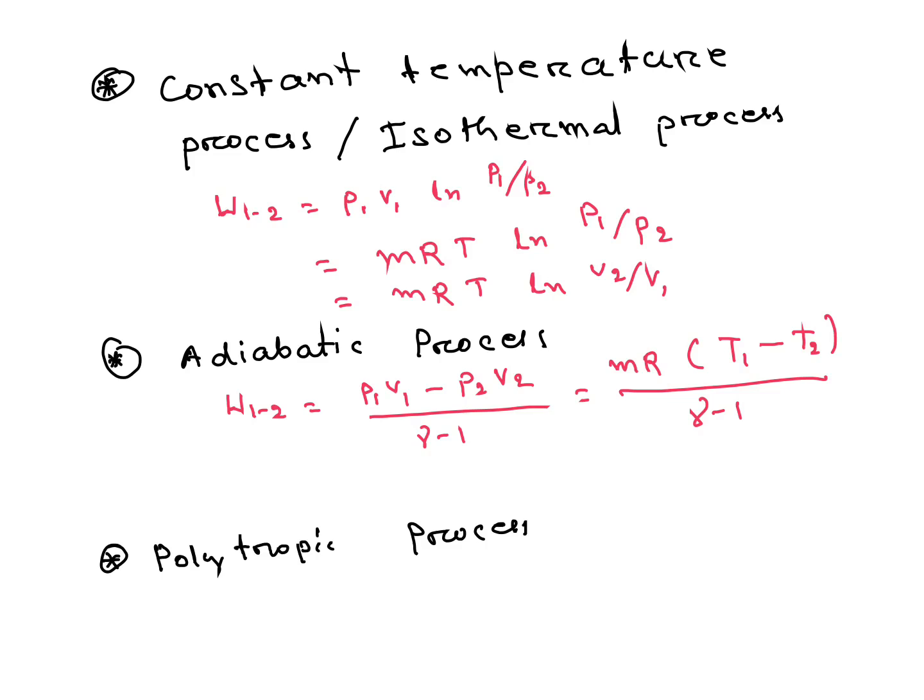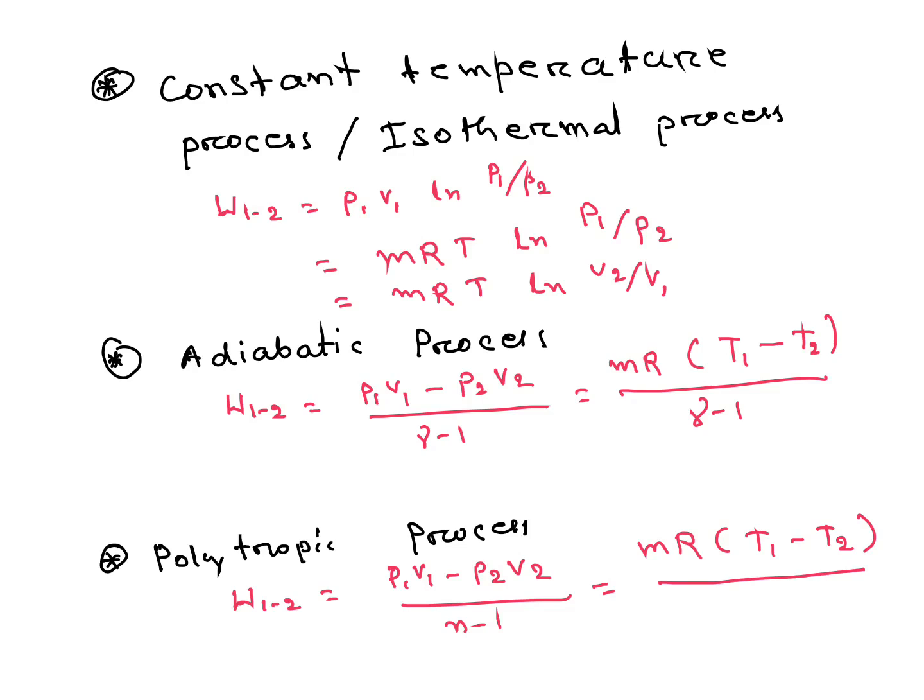And for polytropic process, work done W12 is P1 V1 minus P2 V2 divided by n minus 1, equal to MR(T1 minus T2) divided by n minus 1.